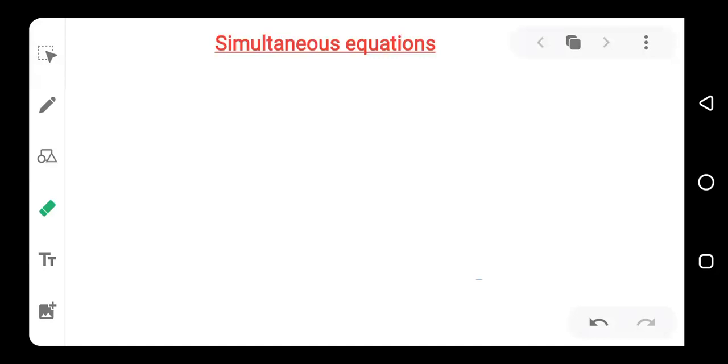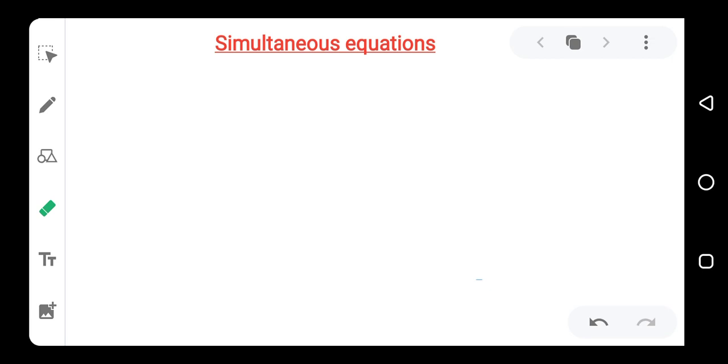Today we are going to discuss simultaneous equation. In simultaneous equation, we have two things that we don't know, that is two unknowns. In normal equations, we always have just one thing that we don't know.